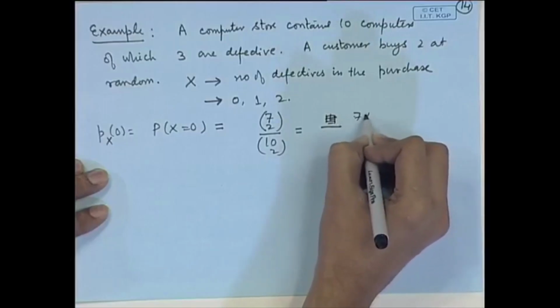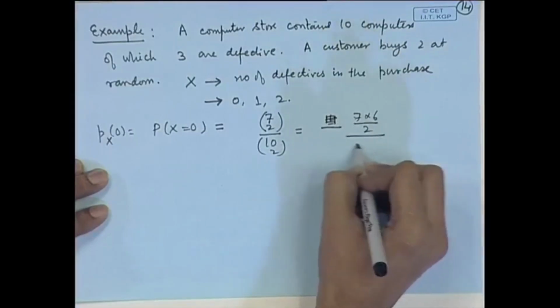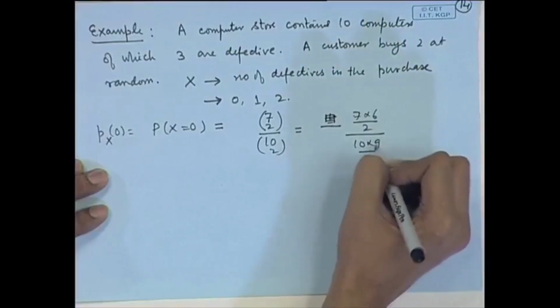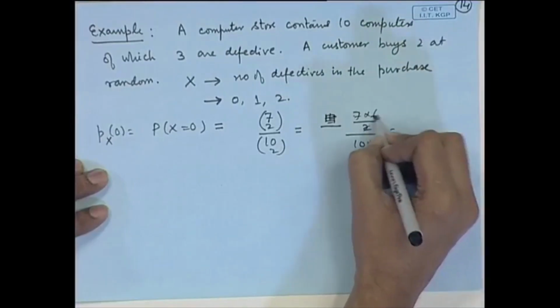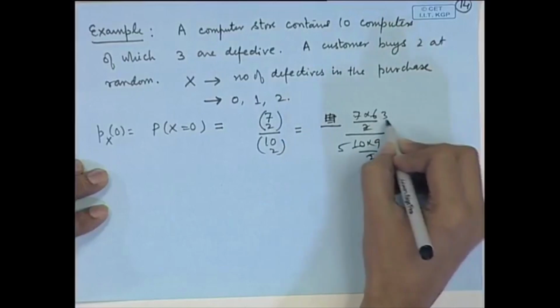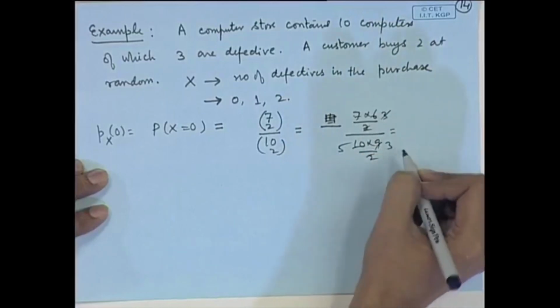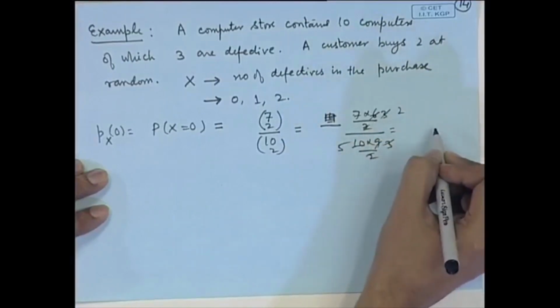So, it is (7 into 6 by 2) divided by (10 into 9 by 2).